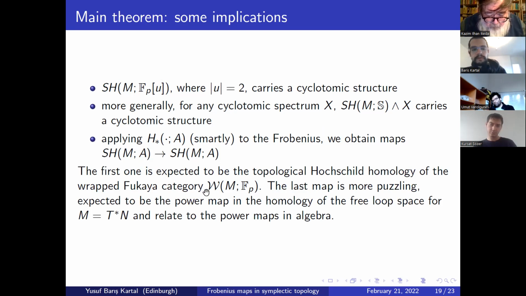And we hope actually to show this without waiting for the spectral version to appear. And the last map is a bit more puzzling for the moment. We expect this to be the power map in loop space, and related to the power maps in algebra.